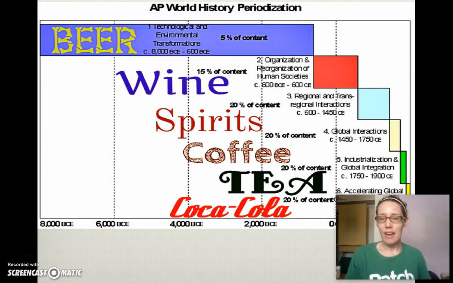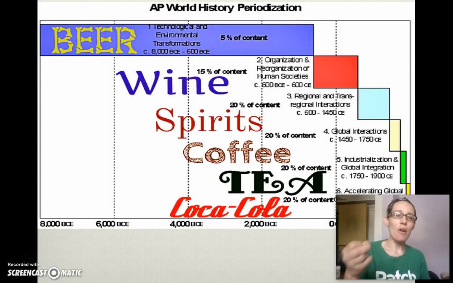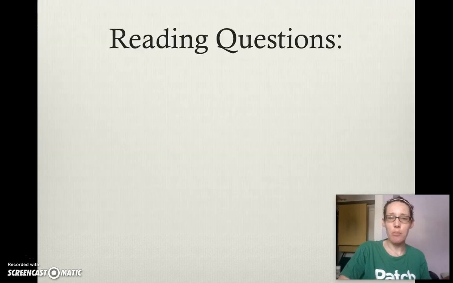But before we have that done, just so you know, this last period is only about 100 years, 115, right? But still, that covers 20% of the exam. So notice that there's not necessarily a correlation between how many years a particular time period is and how important that is on the AP exam, if that makes sense. I just wanted to emphasize that point.